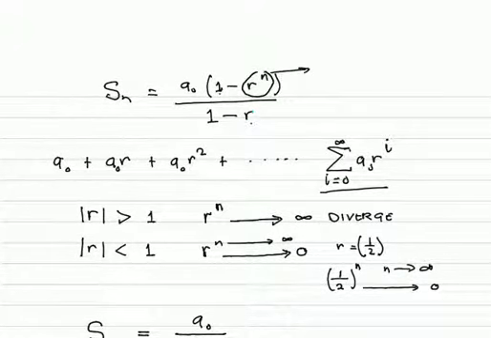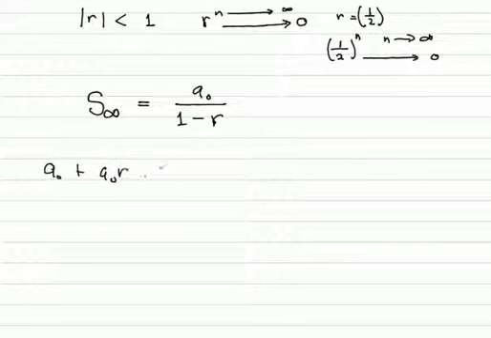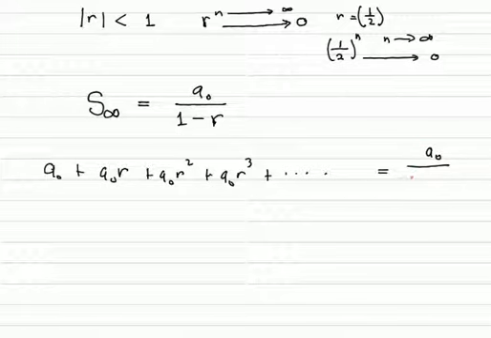So in this case, we conclude that for a geometric series a0 plus a0 times r plus a0 times r squared plus a0 times r cubed plus so on, the sum is equal to the first term over 1 minus the common ratio.